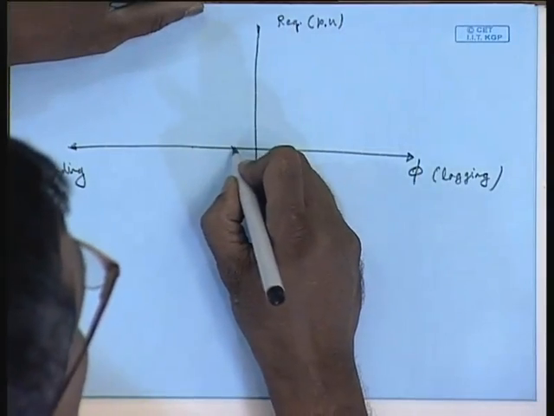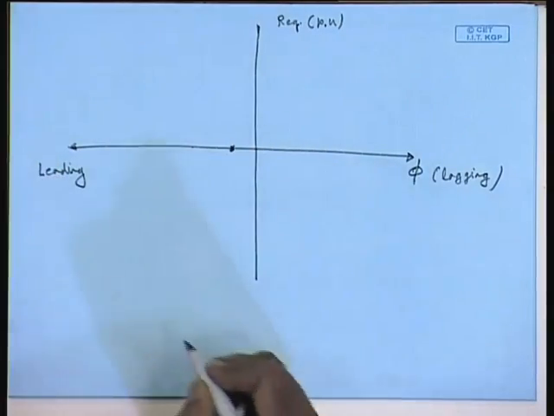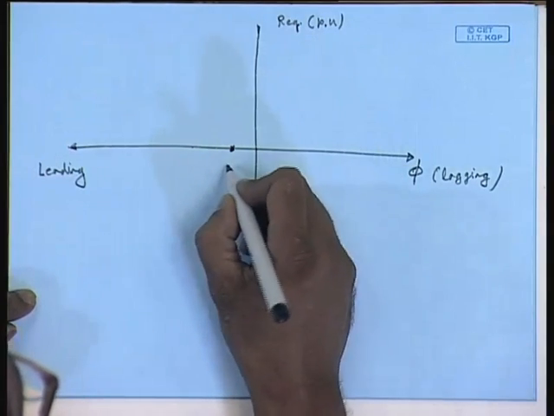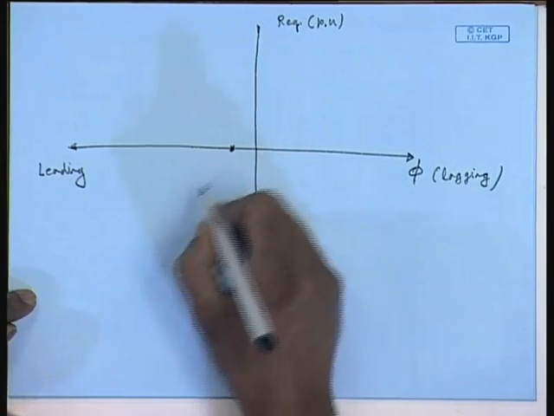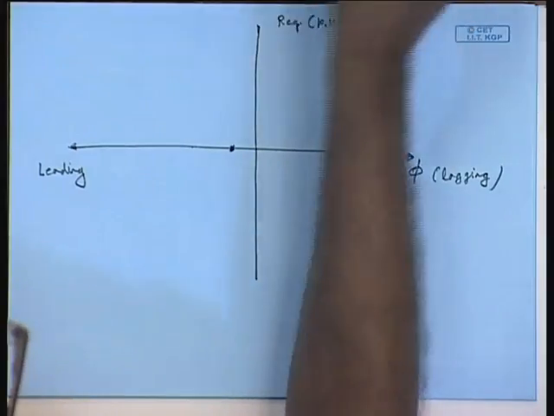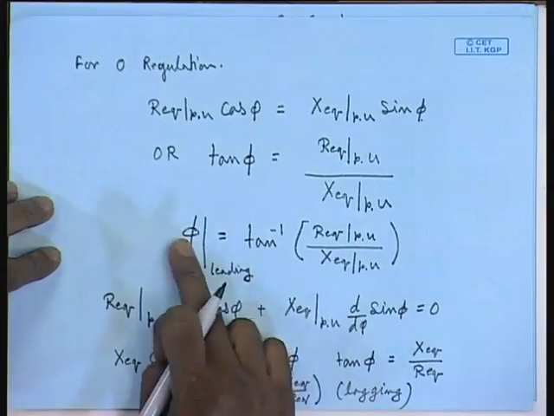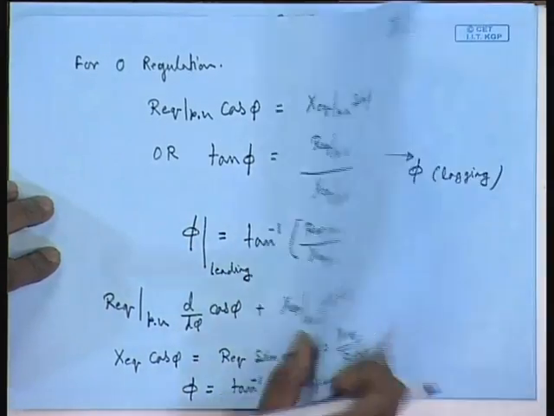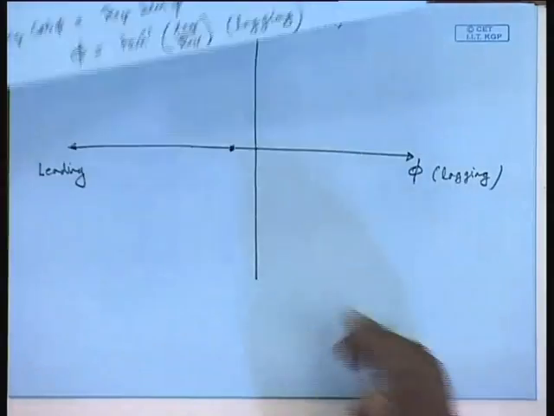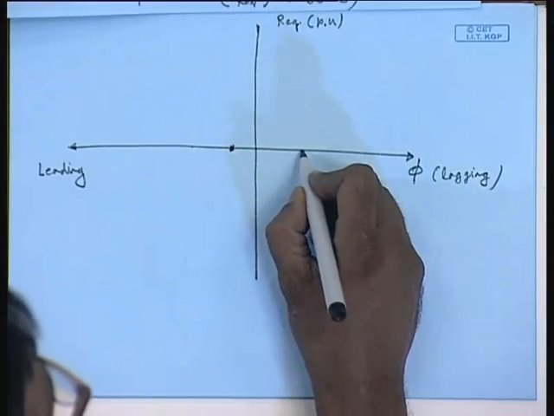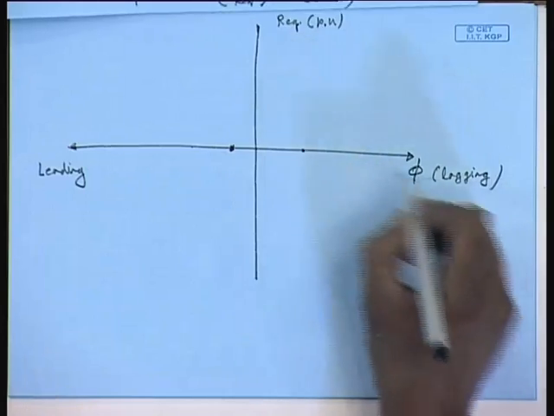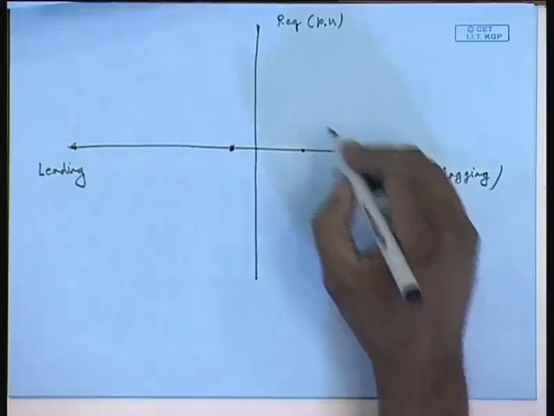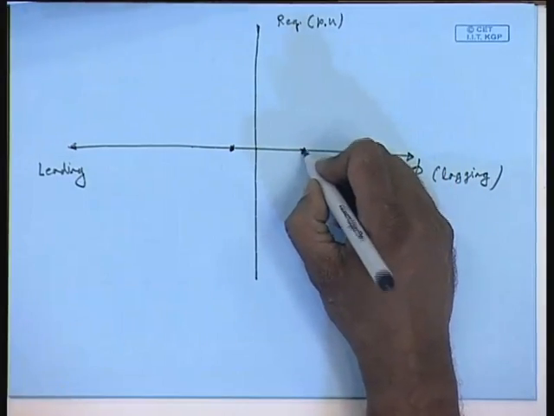Let us say at this power factor, this value of phi, we have found to be tan inverse Req by Xeq. Similarly, there is a power factor angle in the lagging zone where the regulation is maximum, which is this value.